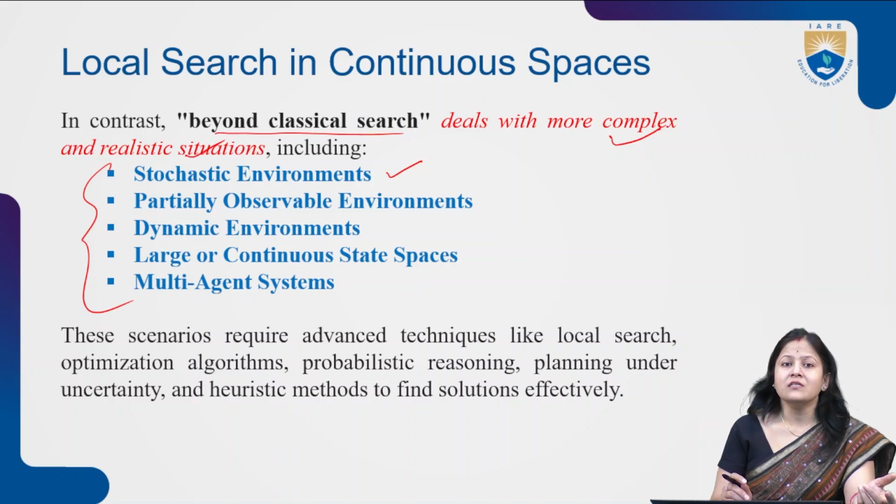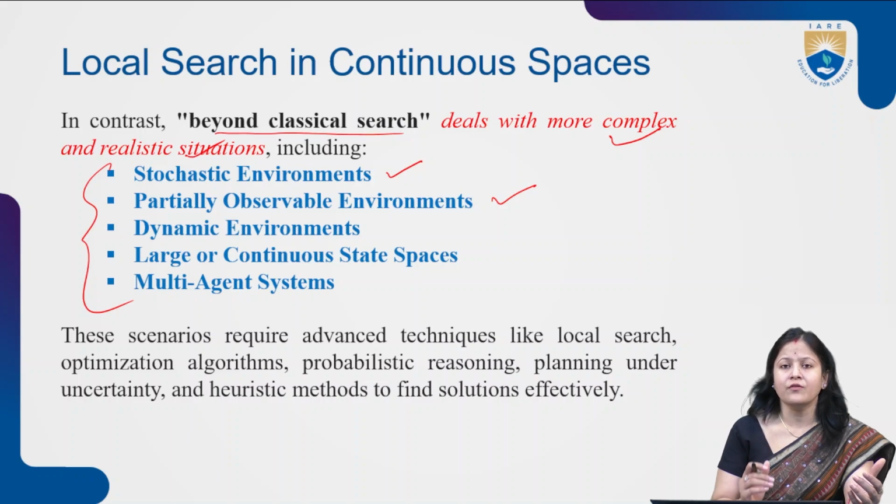Even beyond classical search can be used for partially observable environments. That means when all the information about the state space or the environment is not known, at least partially known, say 50% is known, in that case also beyond classical search can be used. How 50%? For example, take a self-driving car.